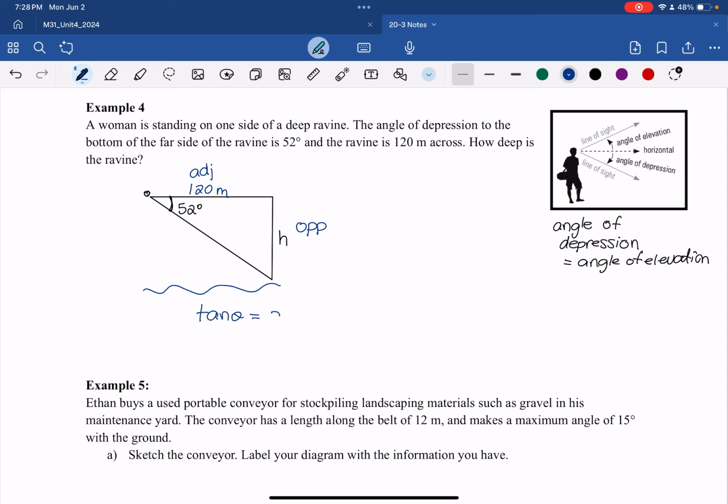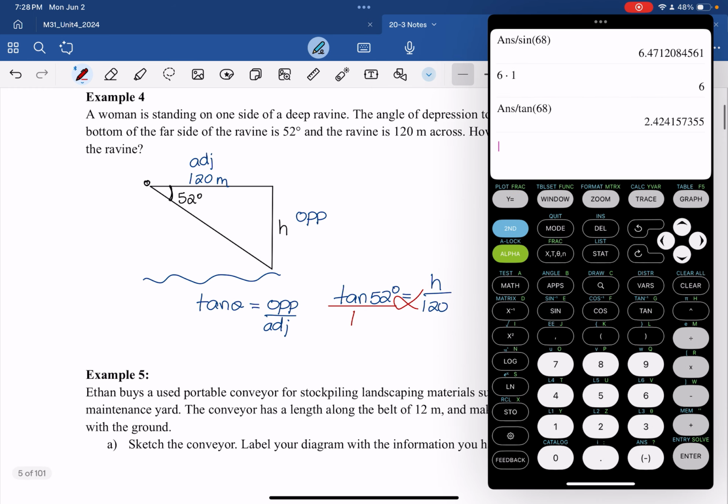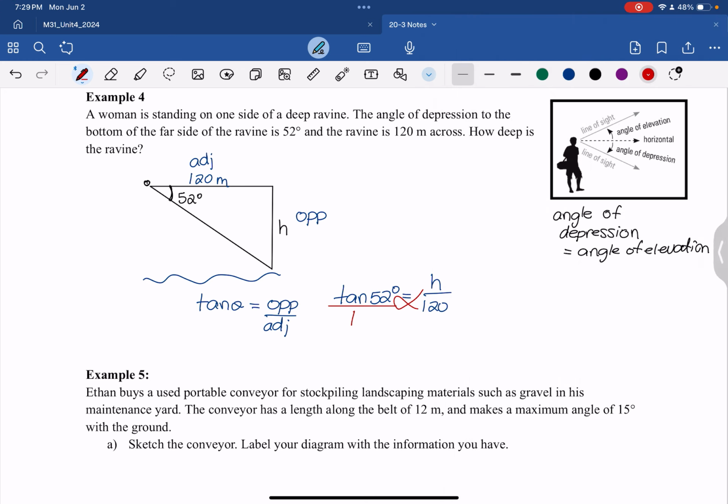If I write it out generally, tan of 52 degrees equals opposite over adjacent, and I can solve for h and put that over 1. I'm going to go 120 times tan of 52 divided by 1. The height is 154 meters.